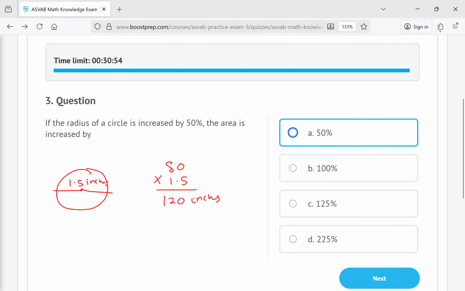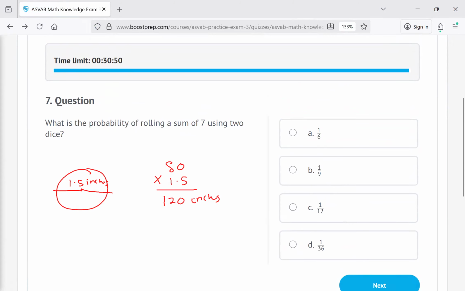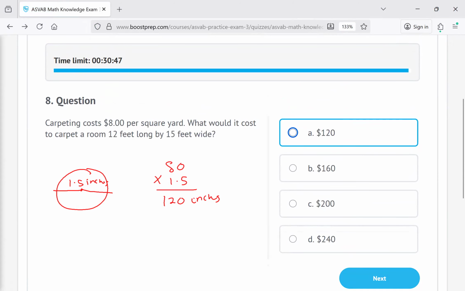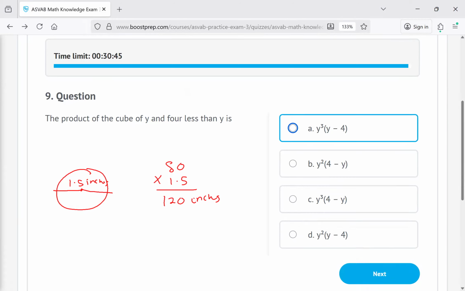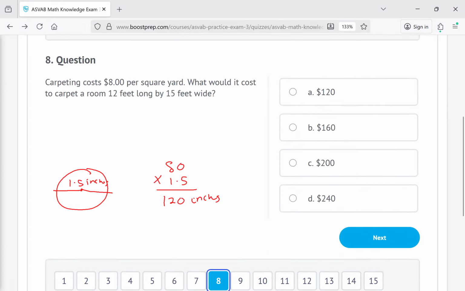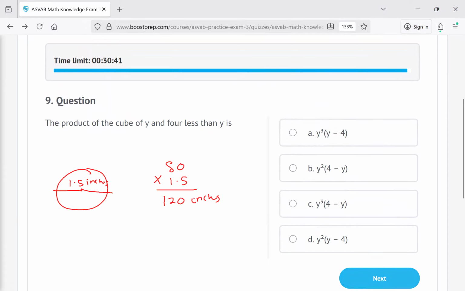We did that one. Wait, no, we did that one.